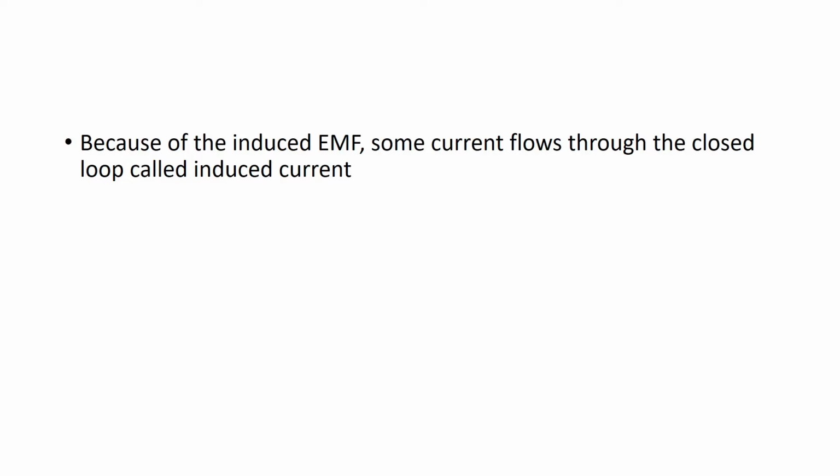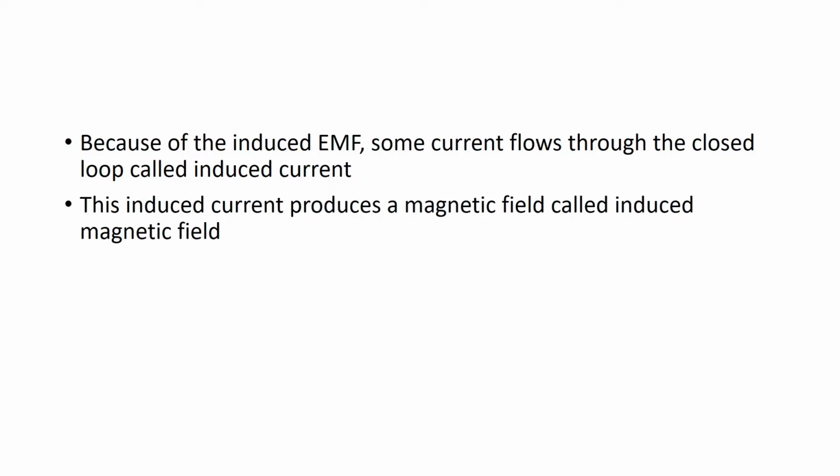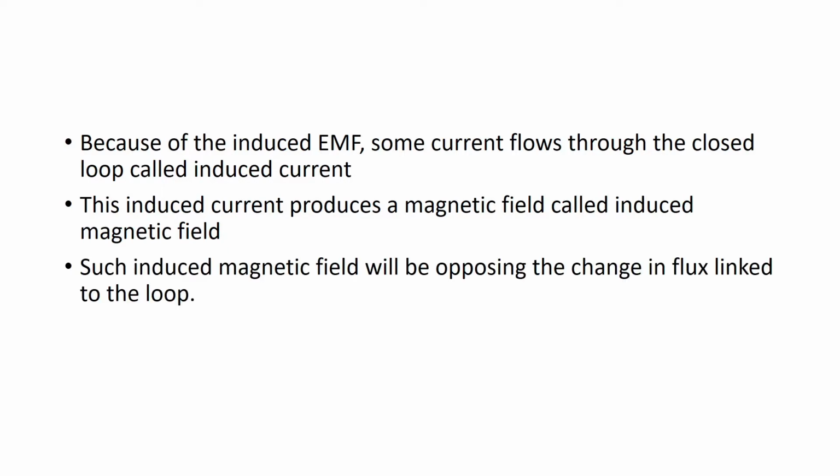Because of this induced current flowing in a closed path, there would be an induced magnetic field. It has been identified that the induced magnetic field opposes the flux linkage.